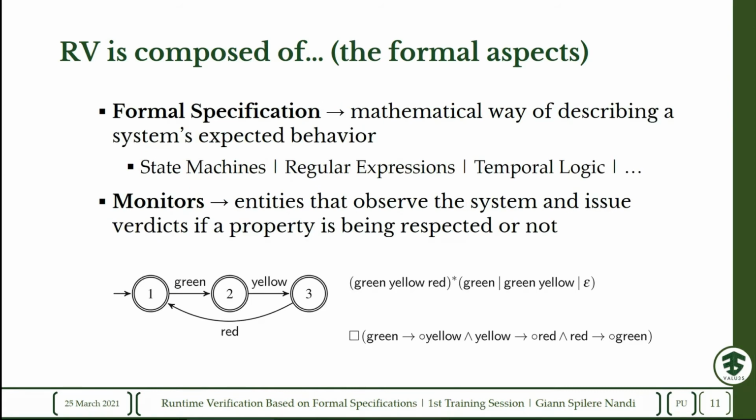Then you have a formal specification, which is a mathematical way of saying what the system should be doing. It can be described using state machines, regular expressions, or temporal logic. And the monitor itself is when you combine the formal specification to monitor the data that we saw over here, the events and traces.